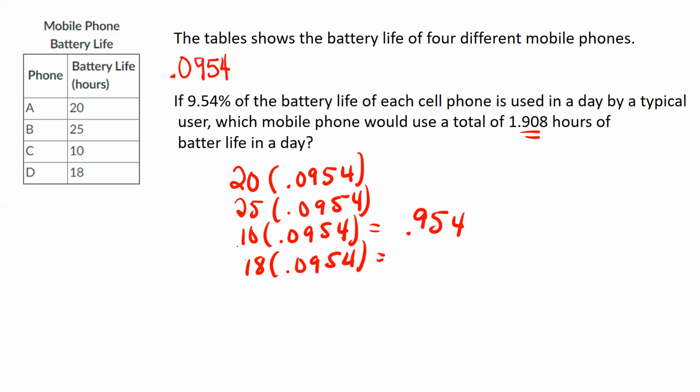And the first one is actually our answer, 1.908. So phone A has a battery life of 20 hours. And if 9.54% of the battery life of each phone is used in a day by a typical user, that means that A is the right answer.